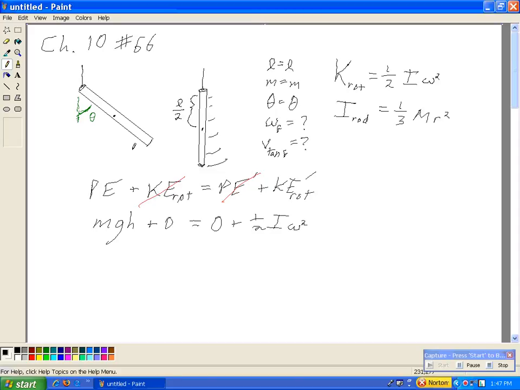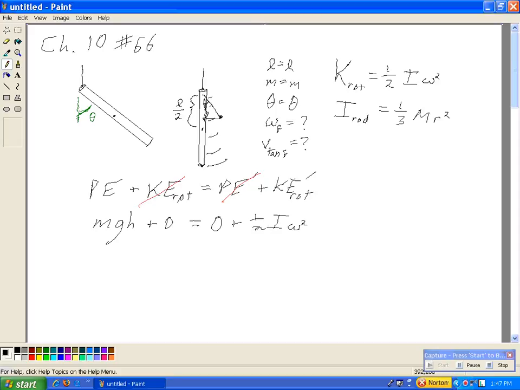So, if it started out here, we want to look at this triangle here. This is theta. We want this distance.